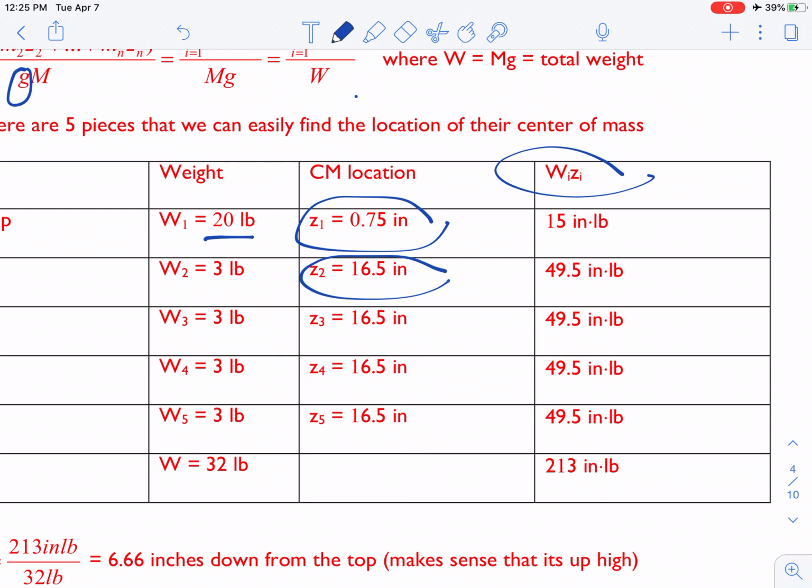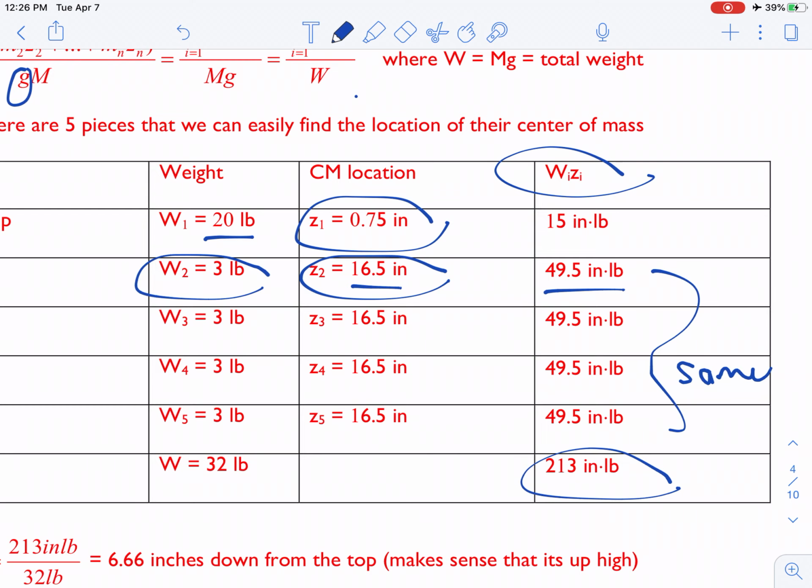And again, next, the leg has 3 pounds weight, and that's the center of mass for the leg. You multiply those two to get Wi Zi; this becomes W2 Z2. And you can see that the other 4 of them are the same because of the symmetry, and they have the same mass. So the last thing you do, you add up all of them.